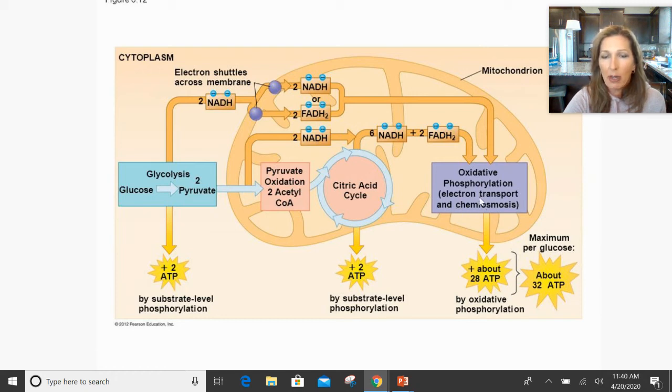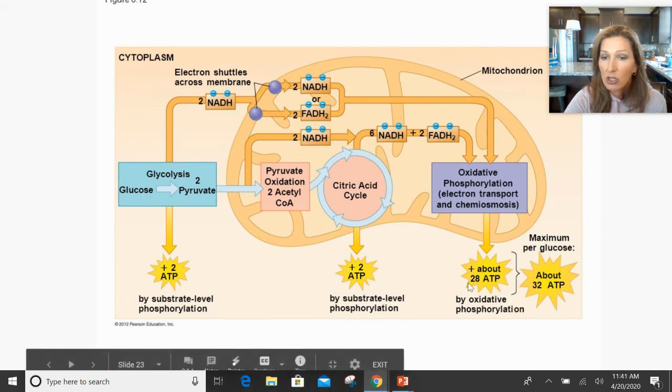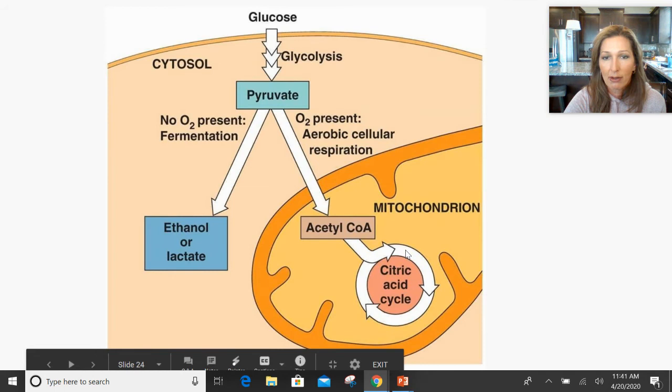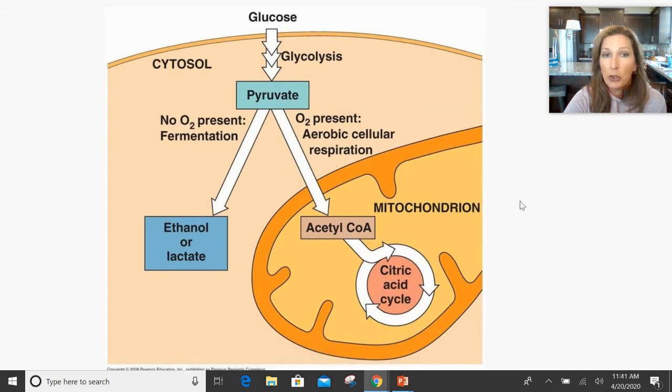This is what we really need to make sure we're understanding: the details of electron transport and chemiosmosis, and collectively how this is described as oxidative phosphorylation, where we get the majority of our ATPs produced. Before we talk about that in detail, do remember that after glycolysis, because glycolysis is that universal biochemical process, and I have pyruvates, this is where cells will either perform fermentation or aerobic respiration.